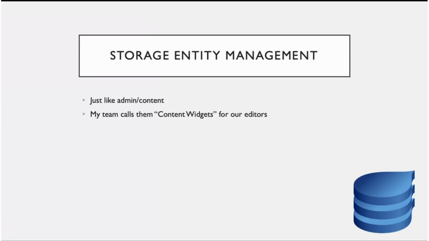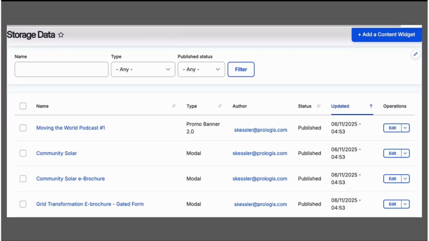And we've decided to call them content widgets for our editors. Storage entities just wasn't making sense to anybody, so we renamed them. And as you can see, just a very simple view.